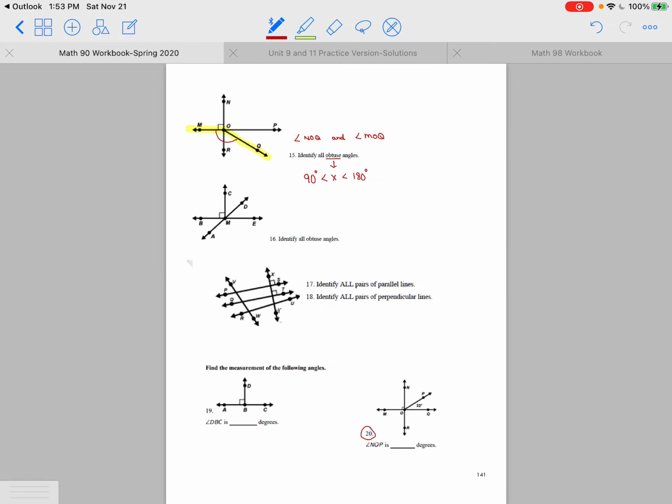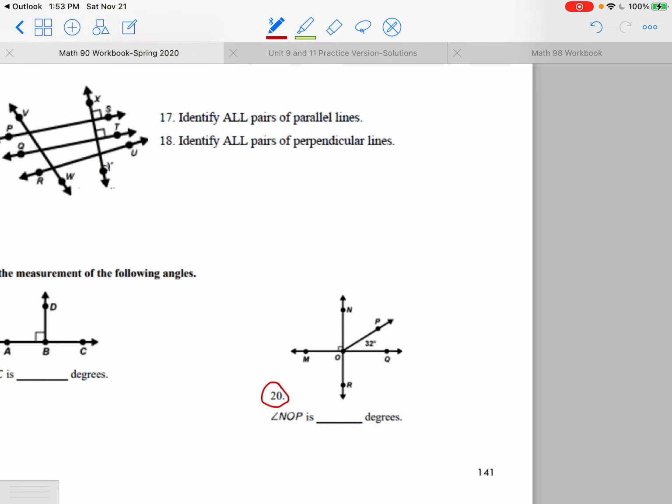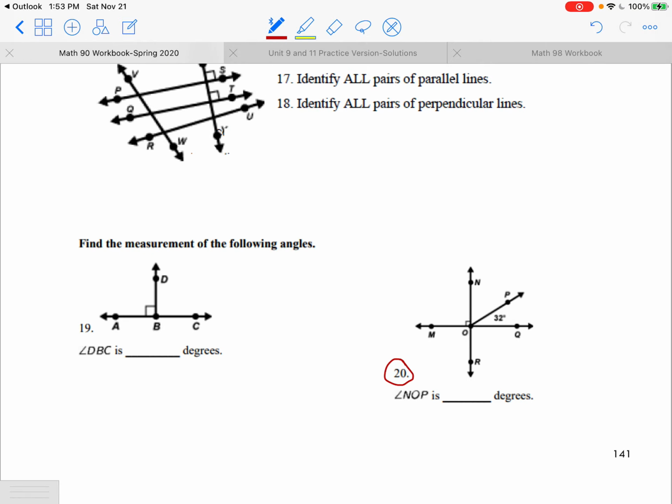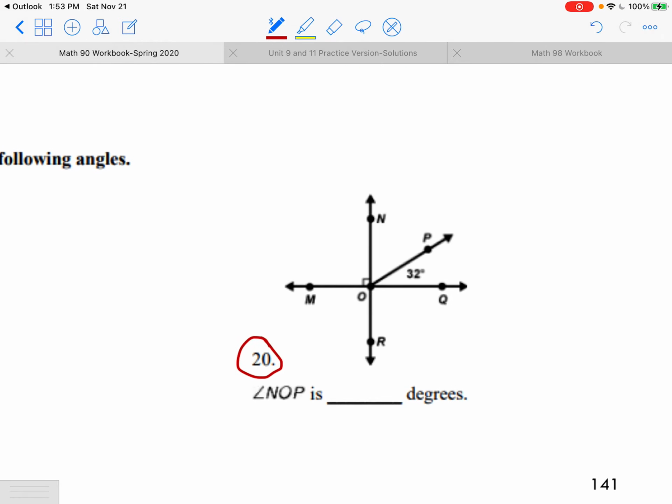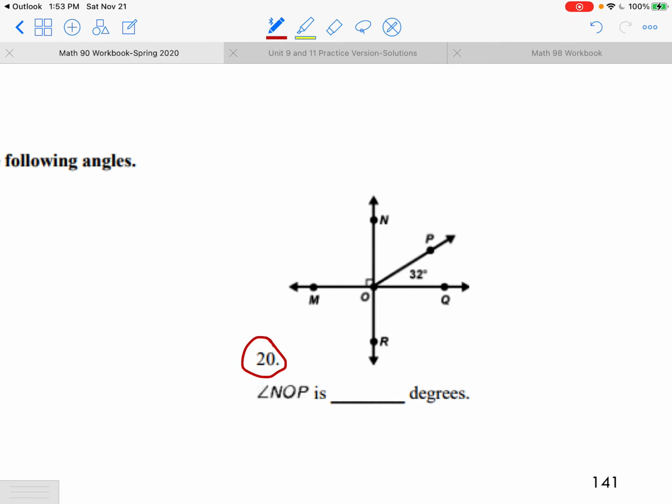All right, let's jump to number 20 down here. It says find the measurement of the following angles. Let's go in a little closer here to 20. Keep in mind that because this is an algebra class, we're really trying to teach students how to show their work, their algebra, and their steps.